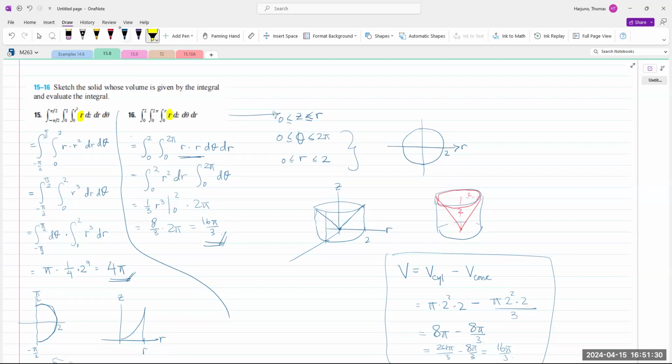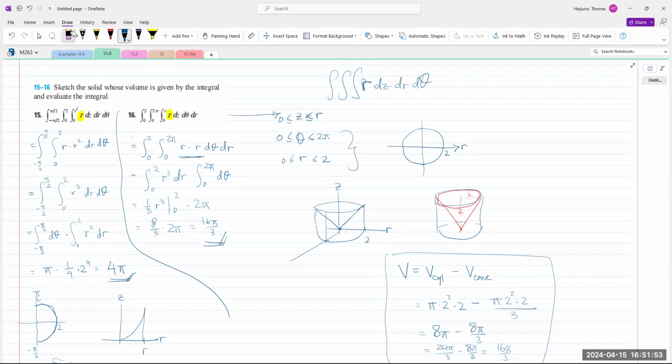In other words, if you have a triple integral with dz dr d theta, something that looks like this, this is not representing the volume of the cylindrical coordinate system. In the cylindrical coordinate system, it is a volume only if you have r in there.